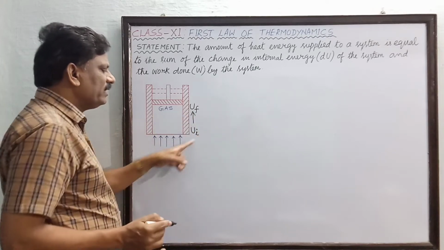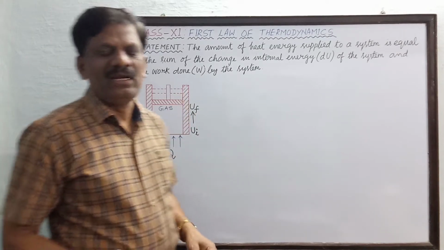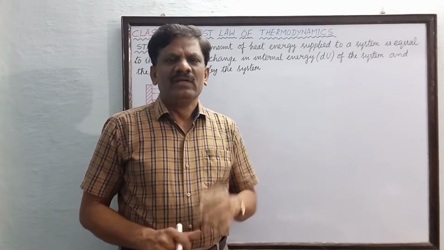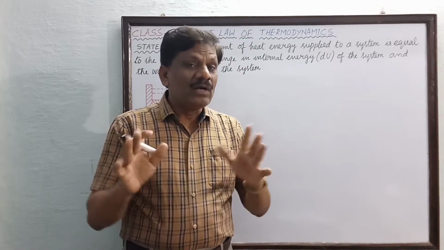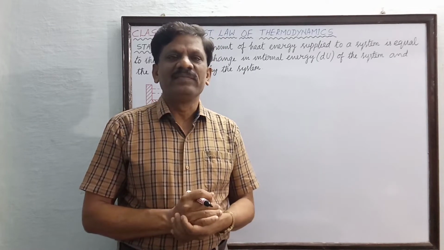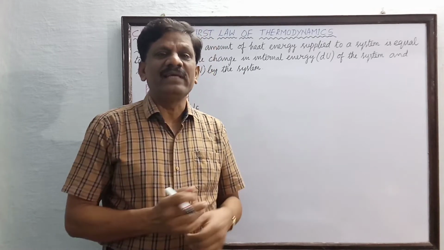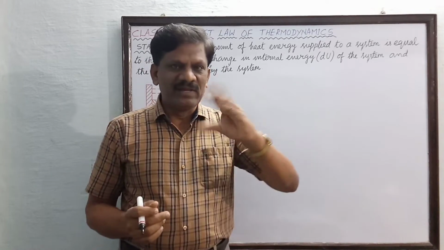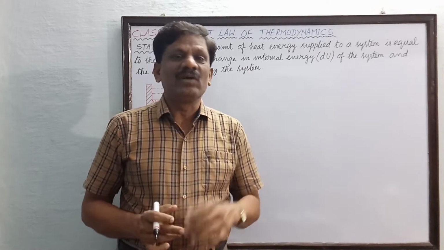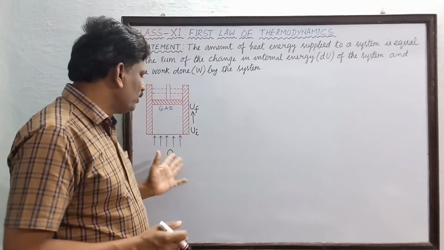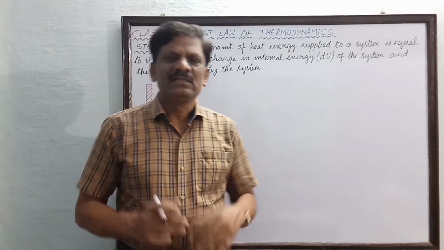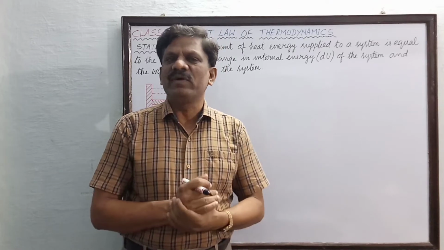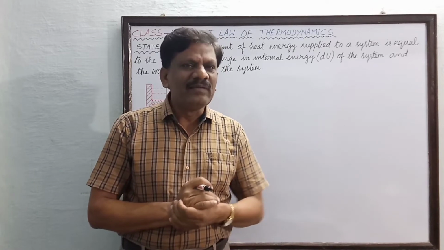So from U initial to U final, there is a change in the internal energy. In addition to that, what may anyone expect here? What happens when air is heated in a closed test tube, as we have studied? It will expand. Like that, the gas may also expand when you supply heat from outside.